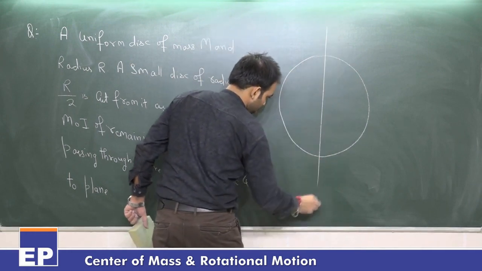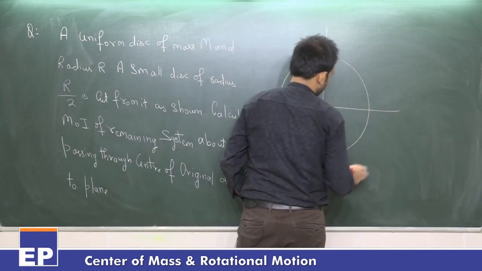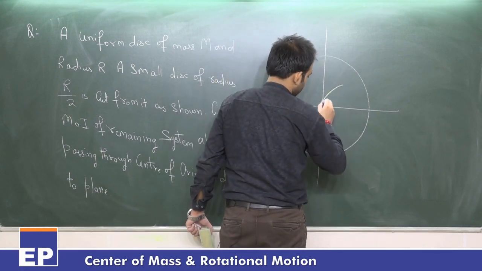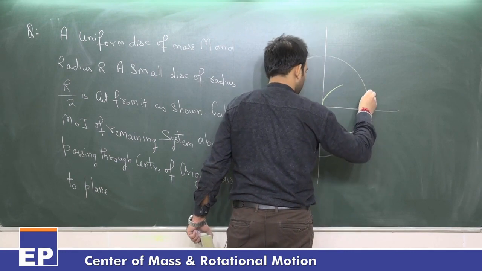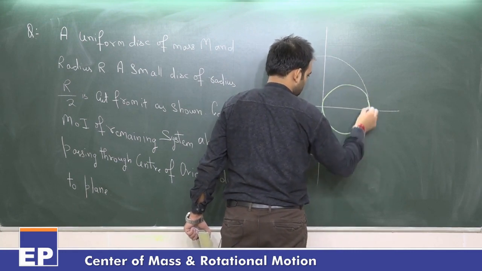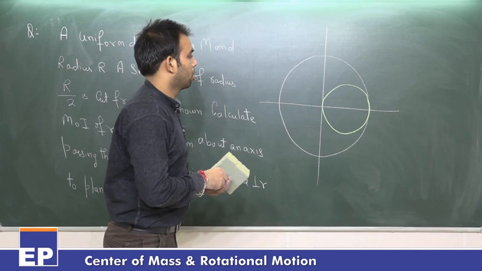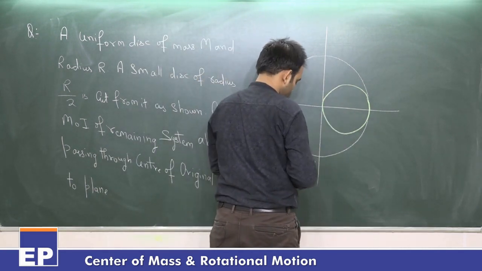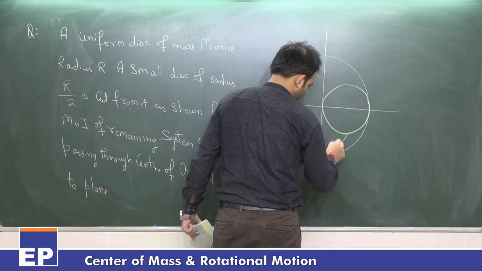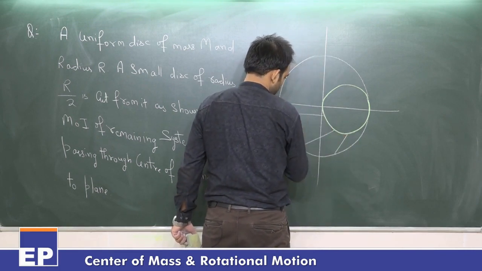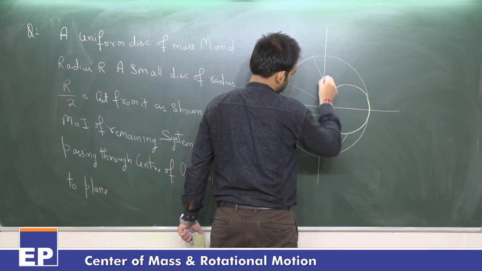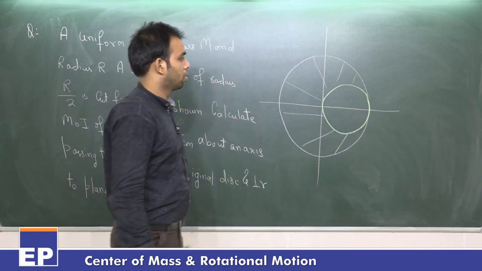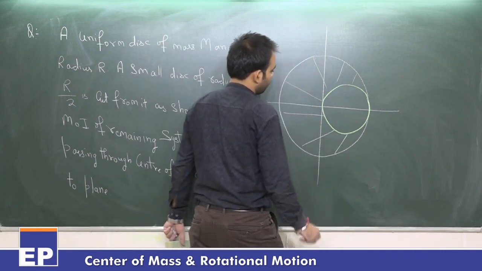This is the disk, and this system is cut from there. The remaining system is this much. This is the remaining system, so we have to calculate the moment of inertia about that.